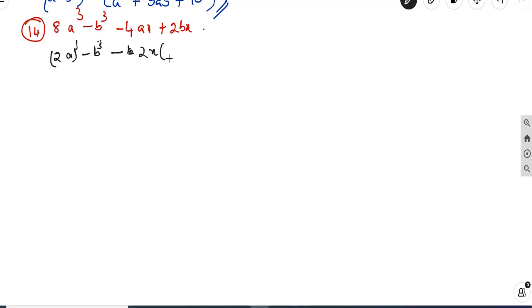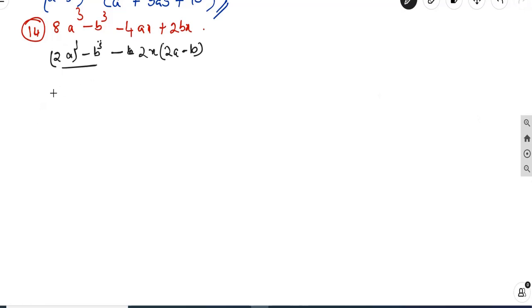If I take 2x common, what is left? 2a plus b, or minus b, it is minus b, because minus I have taken outside. Okay, so this one is in the form of a cube minus b cube.